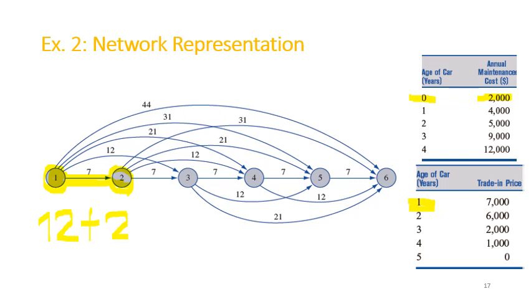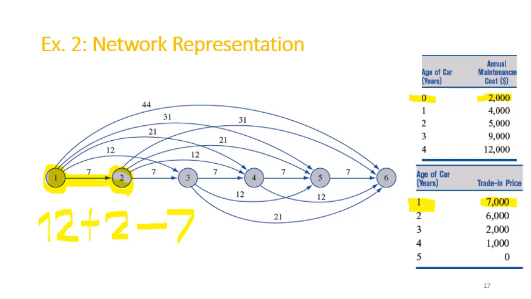Because you bought the car at the beginning of this year. So at the end of this year, like 31st of December, the age of your car is already 1. For the car that has an age of 1 year, you can trade it in and you get the money of 7,000.